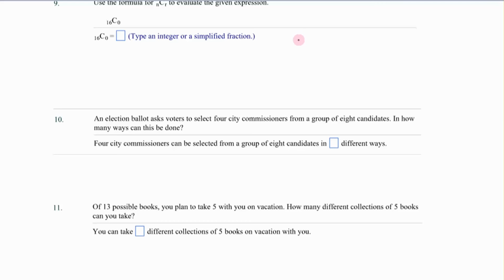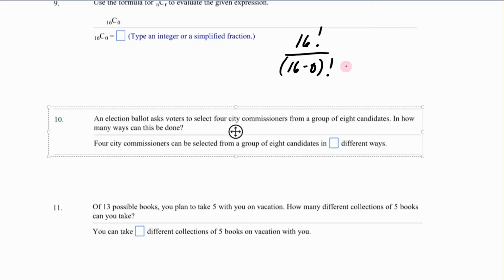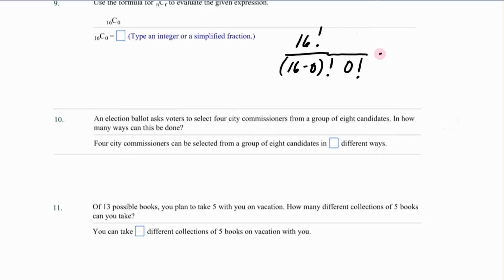The formula says that is 16 factorial over 16 minus 0 factorial times 0 factorial. 0 factorial is 1. 16 minus 0 is 16. So this is 16 factorial over 16 factorial, because remember that was equal to 1, and so that is 1.